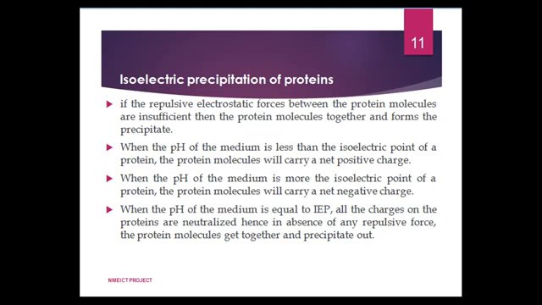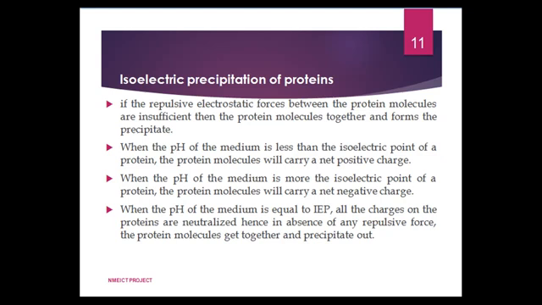When the pH of the medium is less than the isoelectric point of a protein, the protein molecules will carry a net positive charge. And when the pH of the medium is more than the isoelectric point of a protein, the protein molecules will carry a negative charge.